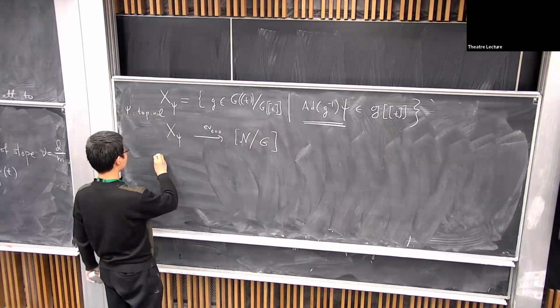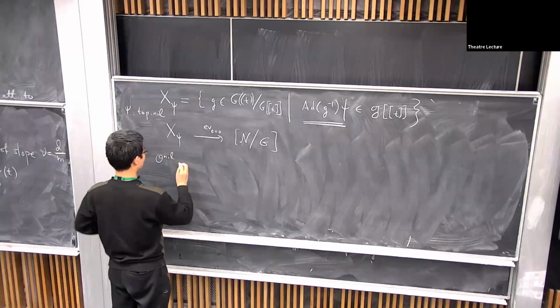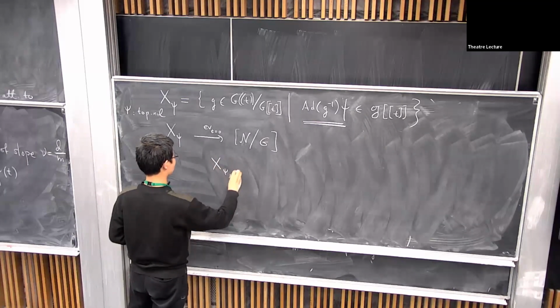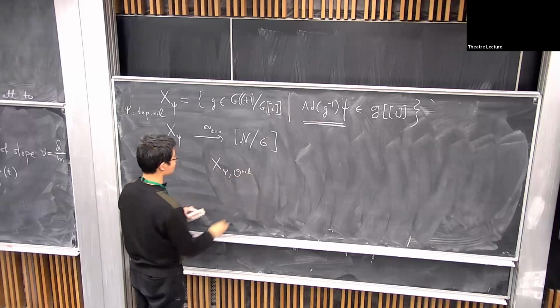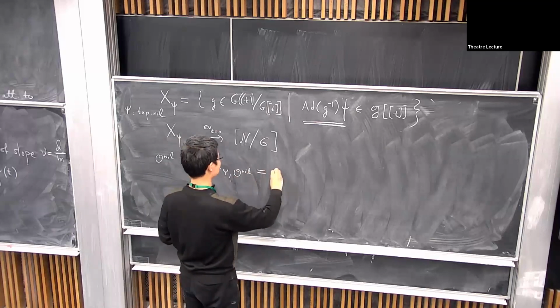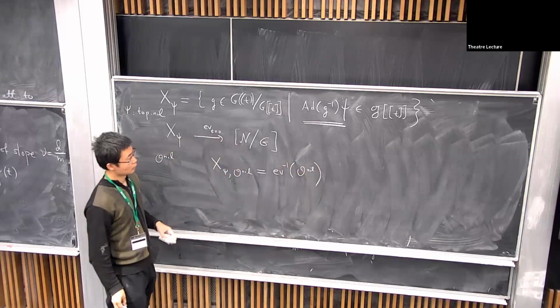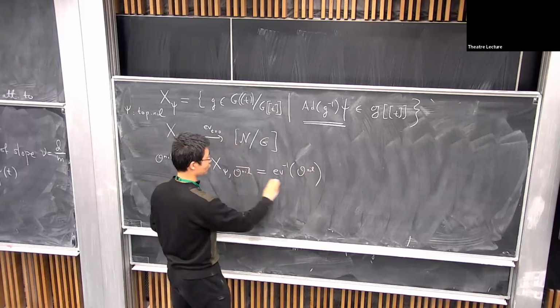And for any nilpotent orbit, I can define X psi, the nilpotent part, to be the preimage of this given nilpotent orbit. And similarly, I can put a bar.